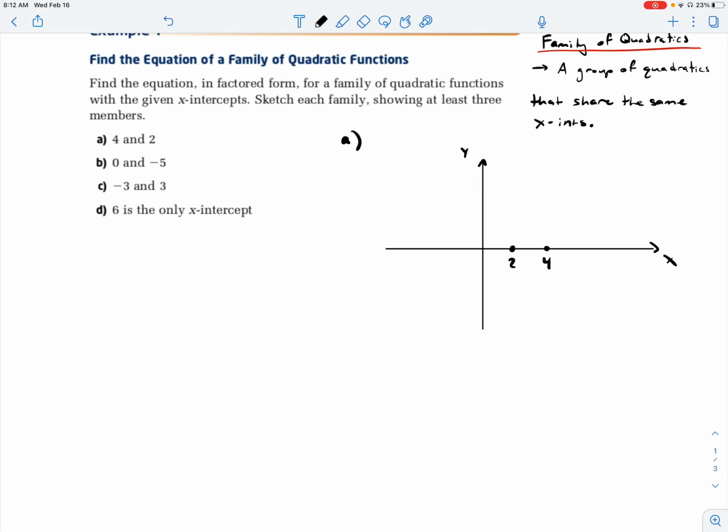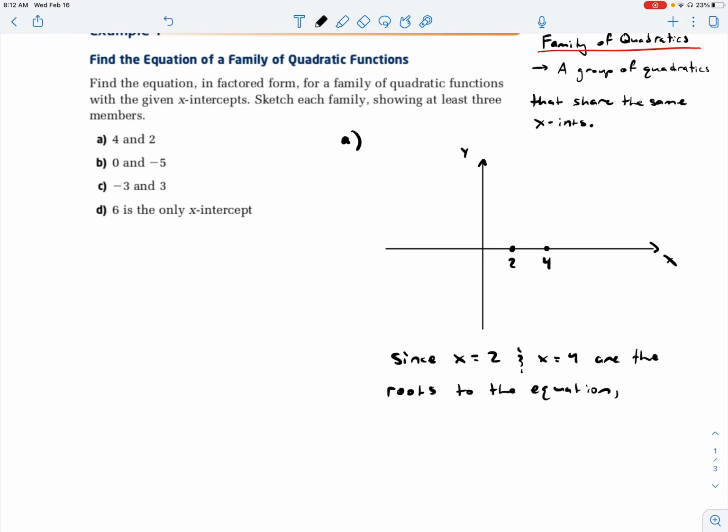Since x equal to 2 and x equal to 4 are the roots to the equation, we were given the x-intercepts. We know those are the roots to the equation, so we can use that to help us get the equation.